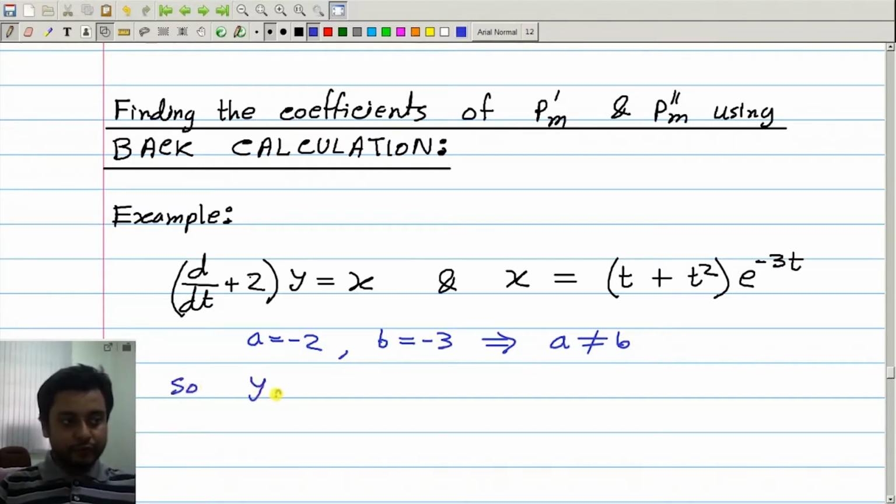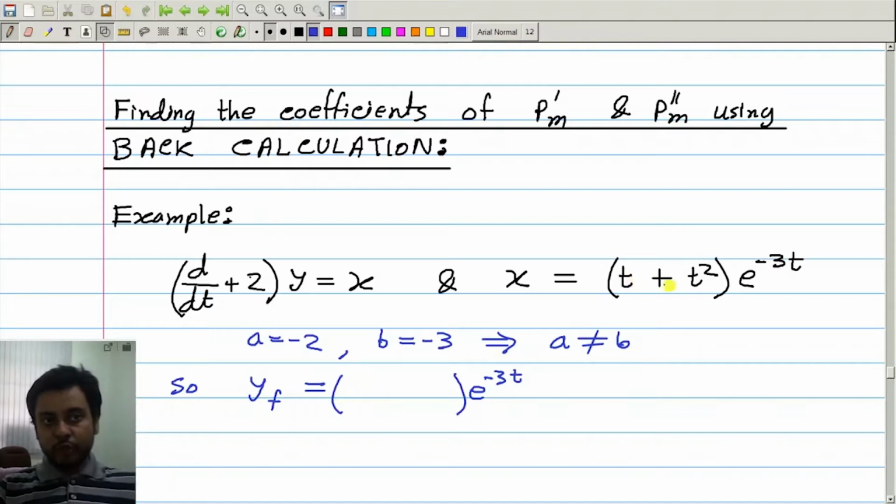So y_f will be of this form, e to the power bt, where b is minus 3, so e to the power minus 3t, multiplied by a polynomial with degree 2, because the polynomial in the input has degree 2.